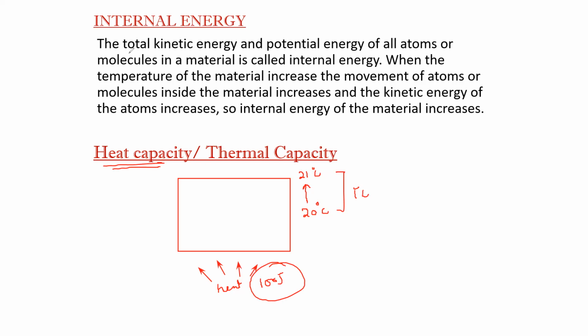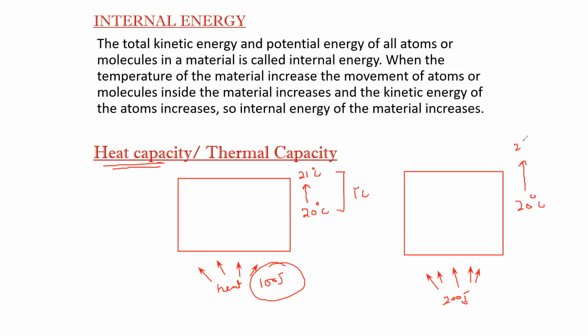Another example, if we have an object which is at 20 degrees centigrade, we supplied 200 joules, and when we supply 200 joules, its temperature changes to 25. So what is the thermal capacity?